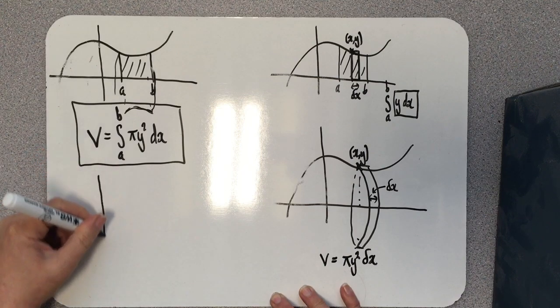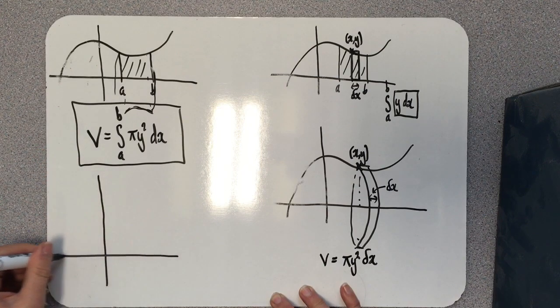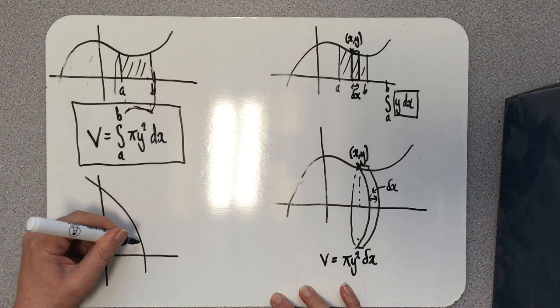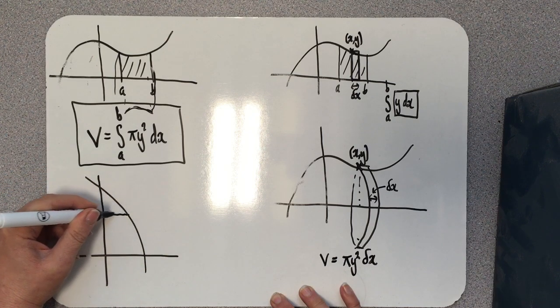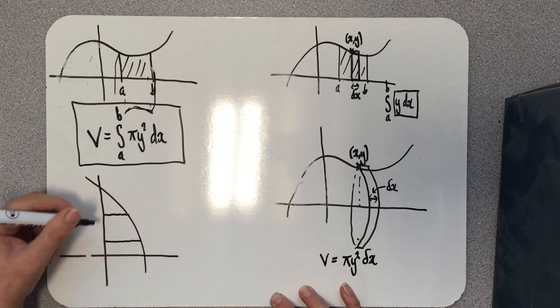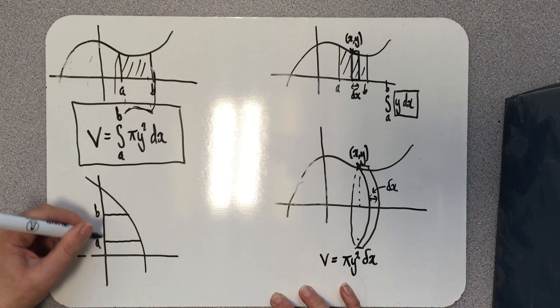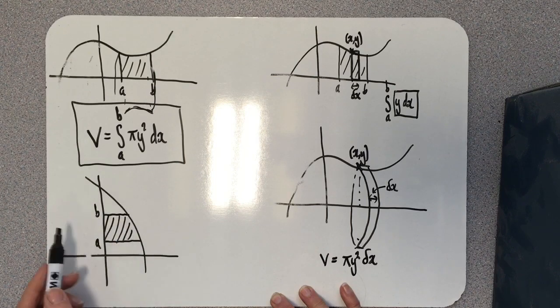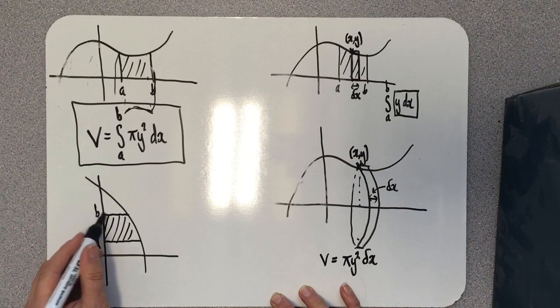You also need to be able to rotate about the y-axis. So we have a curve that's coming up this way, limits on the y-axis. So we could rotate that about the y-axis to create a volume.